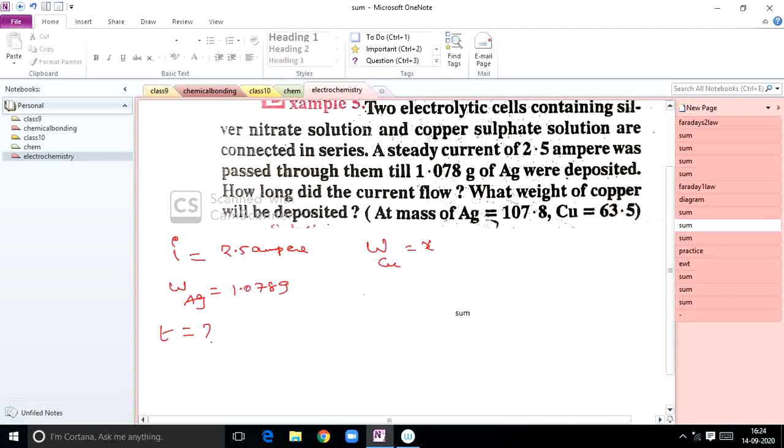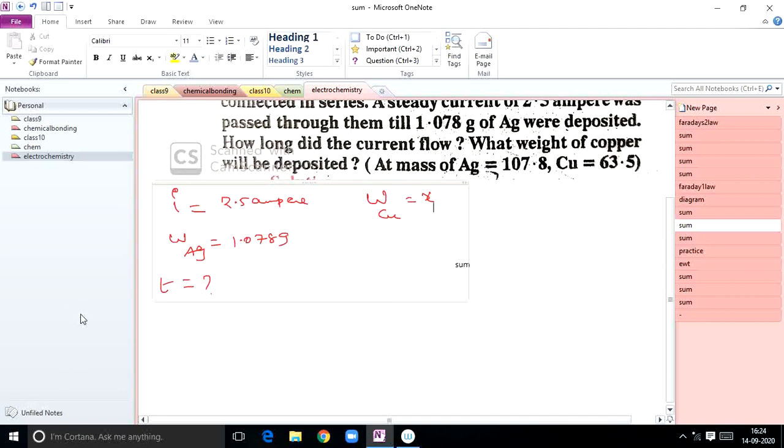Now this is based on Faraday's second law. According to the given question, silver nitrate, AgNO3, gives rise to Ag+ and NO3 minus.